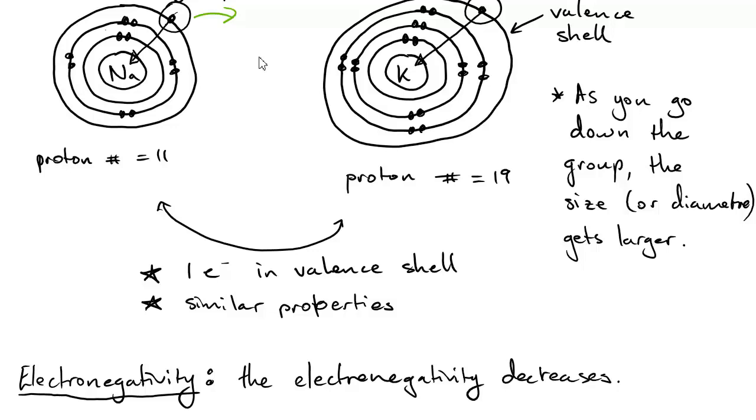Okay, so it's actually easier for potassium to release its electron because it's that very small fragment bigger than sodium, and that final electron in the very last shell has less pulling strength towards the inner nucleus compared to sodium. So the electronegativity decreases.